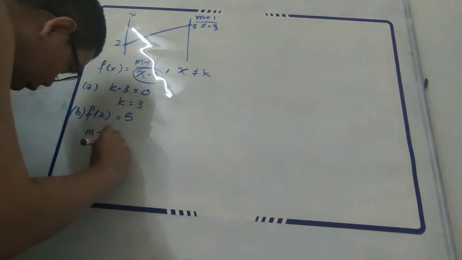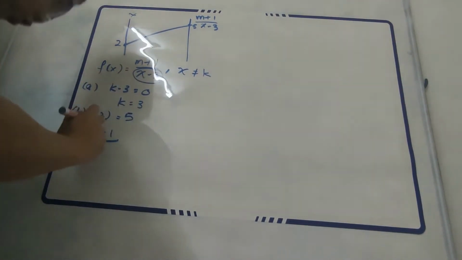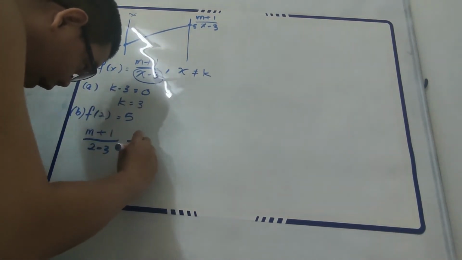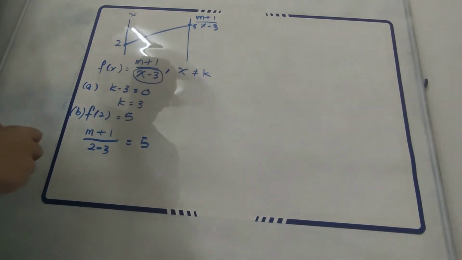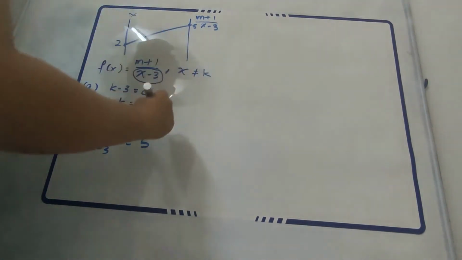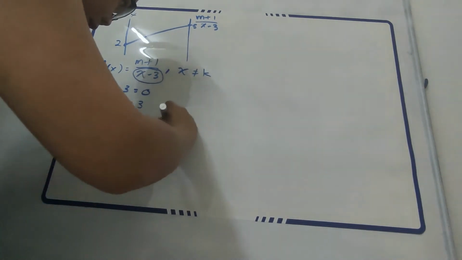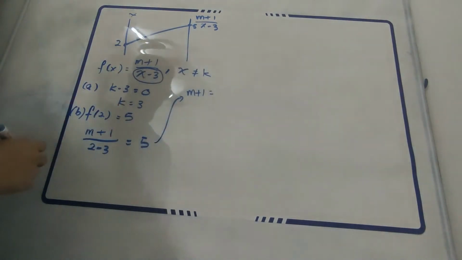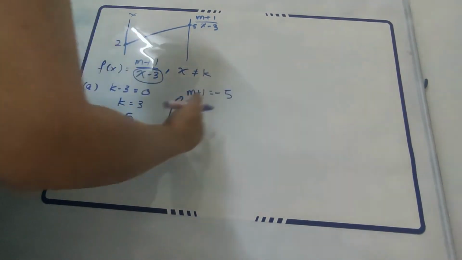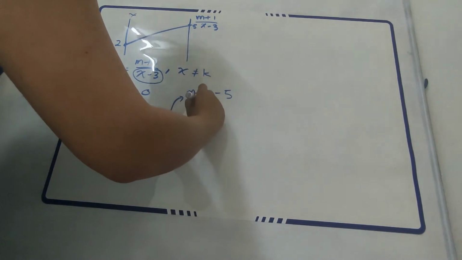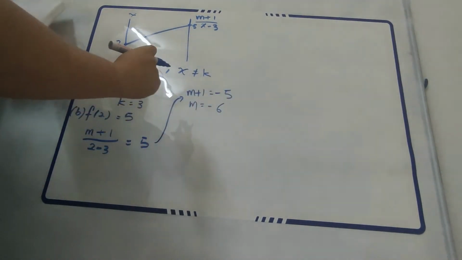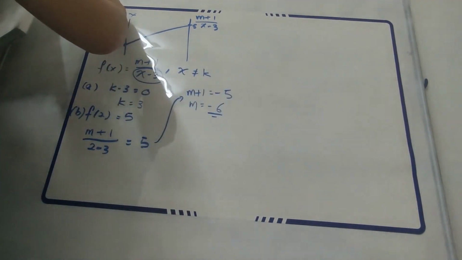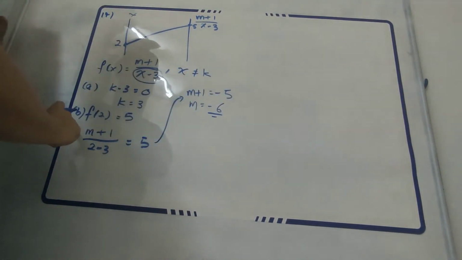With x being 2, (m plus 1) over (2 minus 3) equals 5. So m plus 1 equals minus 5, and then m is equal to minus 6. This is the answer for question 14, part B.